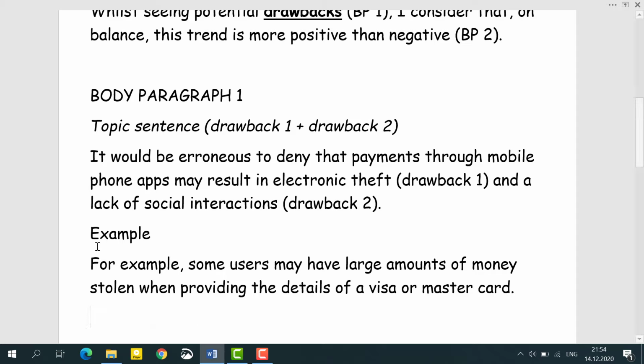Okay, here we go. So before I said electronic theft, okay, when you steal something electronically, which means online. And here, for example, some users may have large amounts of money stolen. So theft and stolen. Okay, the expression have something done means that somebody will steal this money, not you.